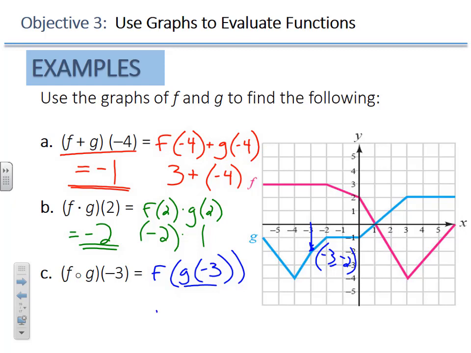So that means we want to evaluate f of negative 2. Well, what's the f function evaluated at negative 2? It's a different point here. So the negative 2, the f function is right there. Apparently that is negative 2, comma, 3. So when our input is negative 2, our output is 3. So f of negative 2 is 3. So apparently f of g of negative 3 equals 3.